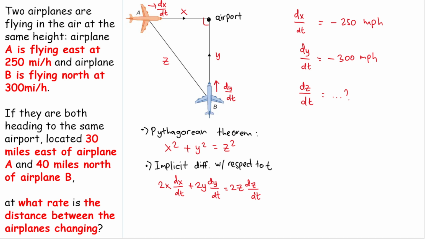Okay, and I think we can divide both sides by 2z, right?